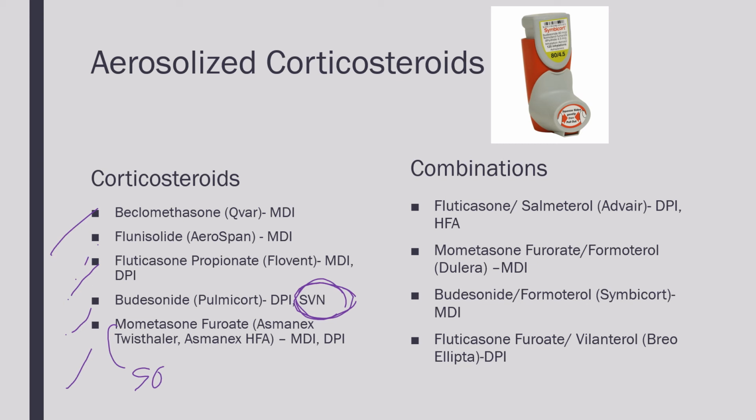Or if you mix them both into a regular small volume neb, then you don't get as much Pulmicort to the smaller airways, which is where most of the inflammation is, in those smaller transition/respiratory zone airways.